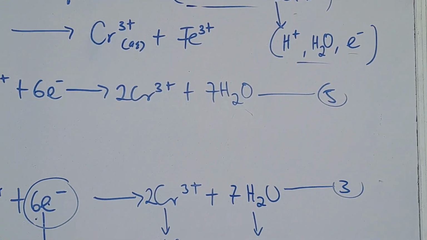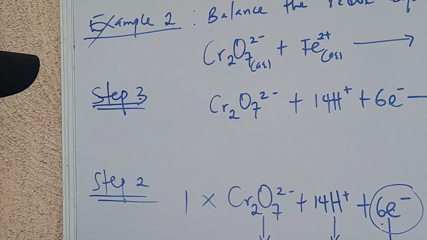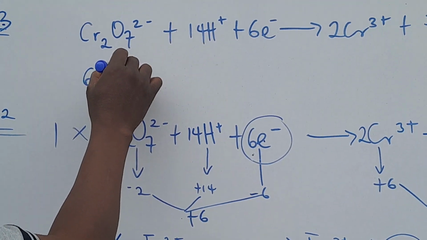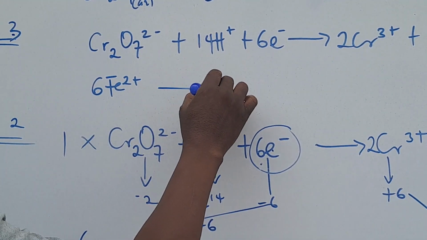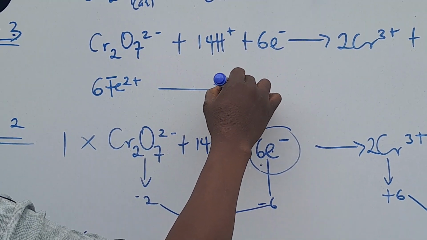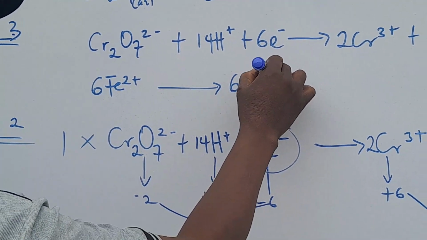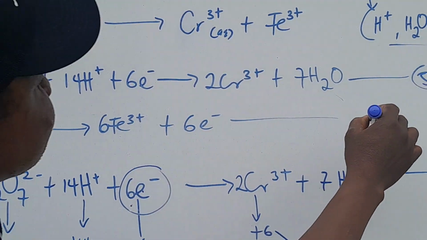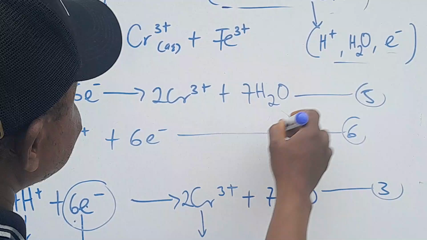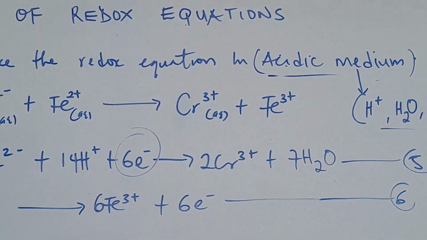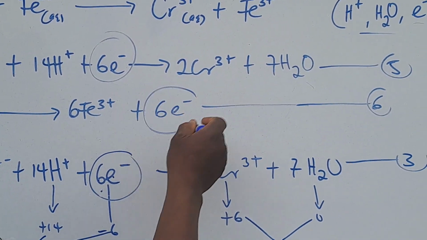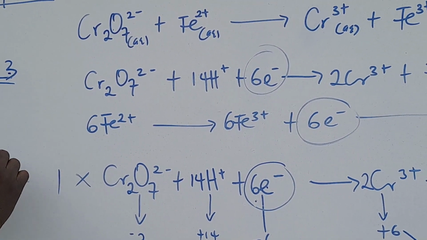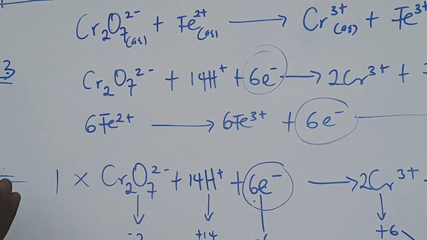Equation 6 now, multiplying by 6: 6Fe2+ going into 6Fe3+ plus 6e-, equation 6. When you check it now, see that the number of electrons in equation 5 is equal to the number of electrons in equation 6. So let's go to step number 4.